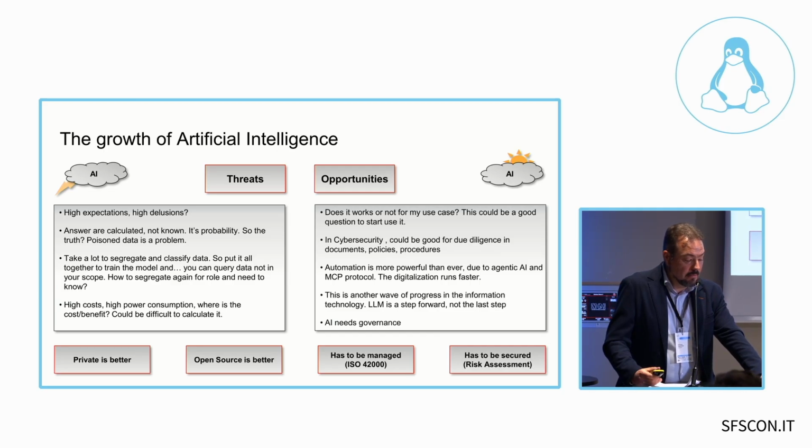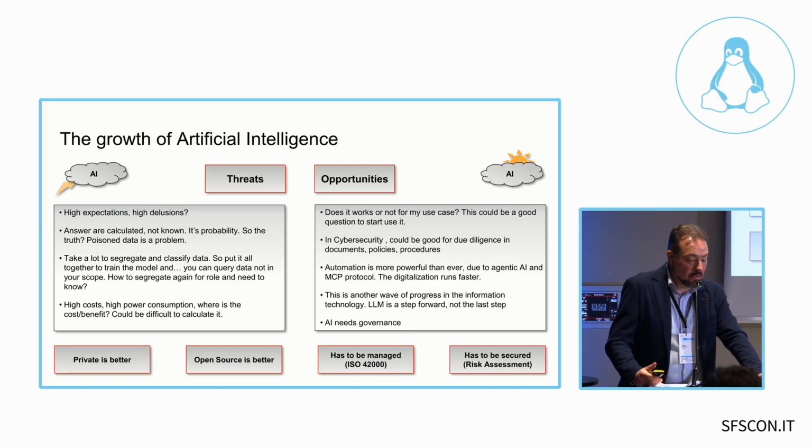We know that answers are calculated and not known. It's all probability, and the truth, which is the truth, where is the truth, could be a good question to ask. Because poisoned data is a problem, and there are studies that show that with a few documents you can compromise also big models.